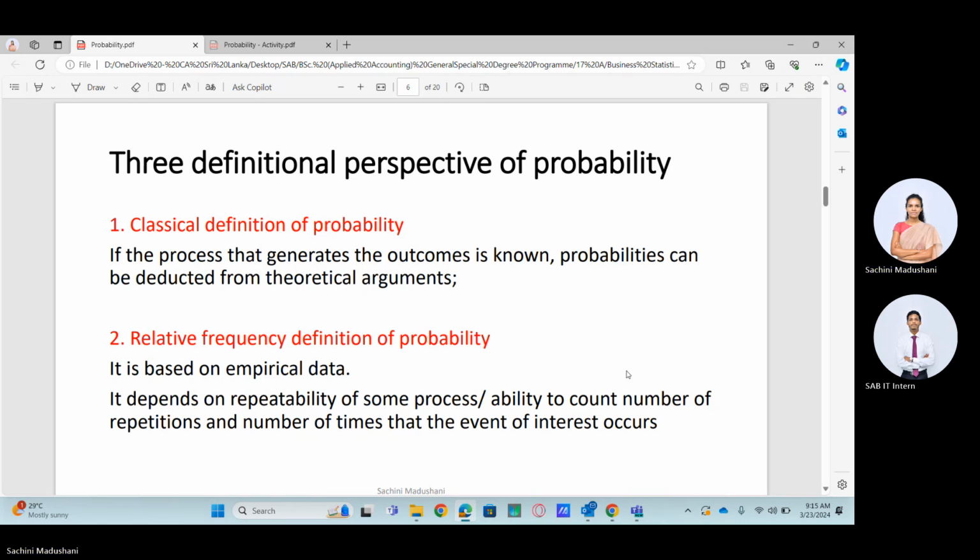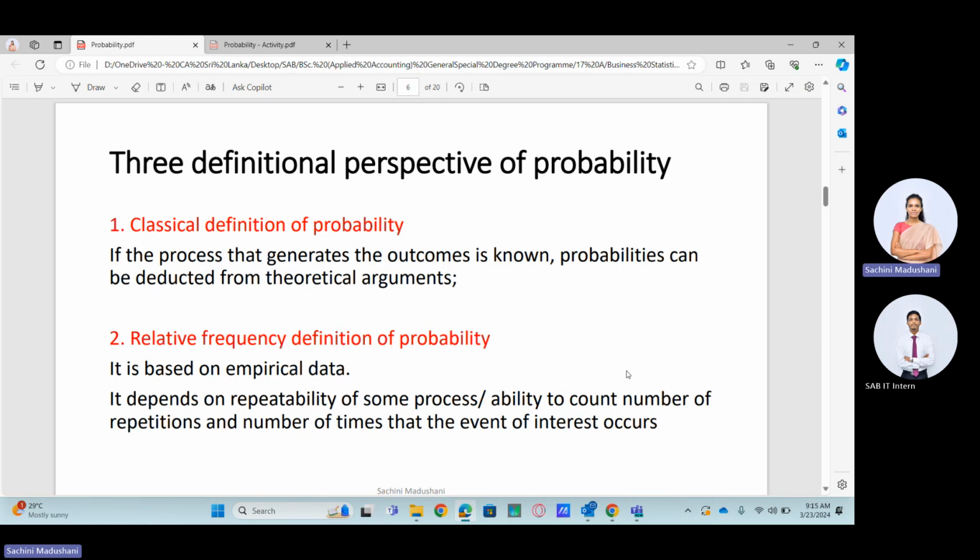Based on past experience, we can say this is the probability. If the process that generates the outcomes is known, probabilities can be deduced from theoretical arguments. We say the probability value based on the theoretical argument. We call that the classical definition.